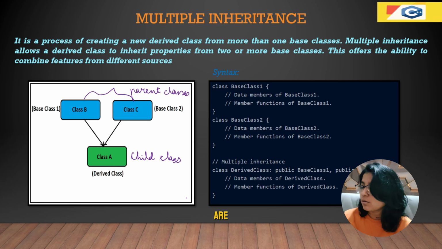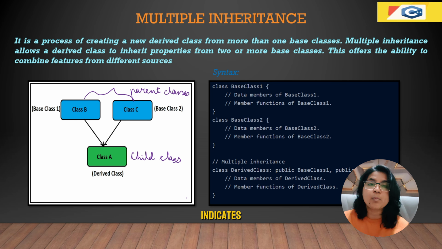Now, when we are talking about multiple inheritance, as the name indicates, the word multiple itself means in this type of inheritance we will be dealing with more than one base class. In this image we are just dealing with two base classes. There can be more than two base classes, 3, 4, multiple base classes, but only one derived class. So that is what multiple inheritance is.